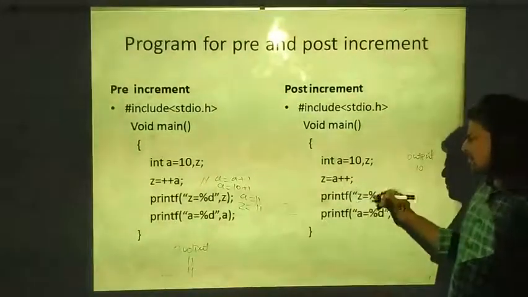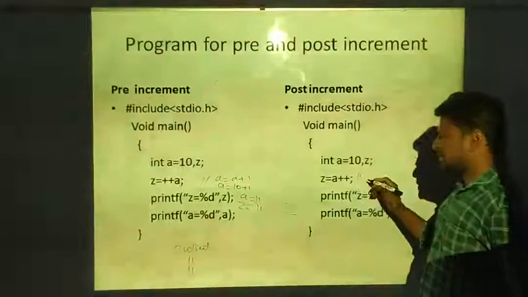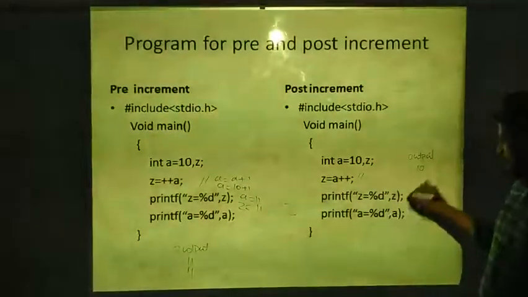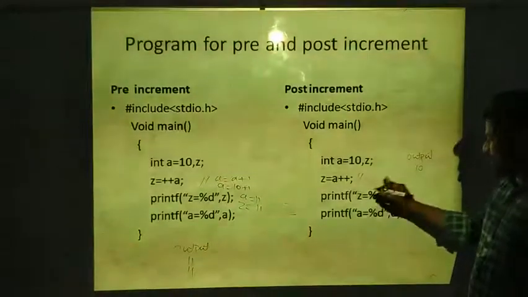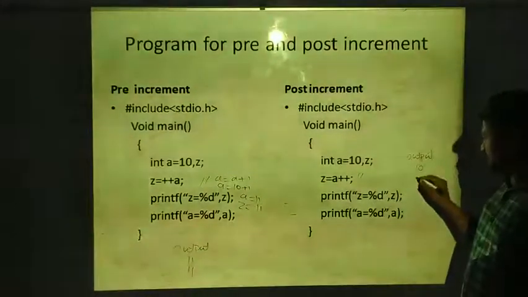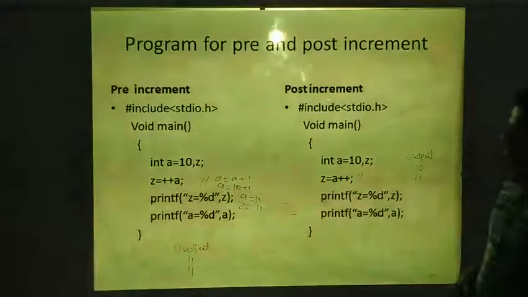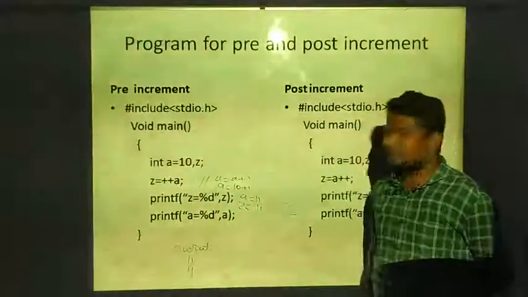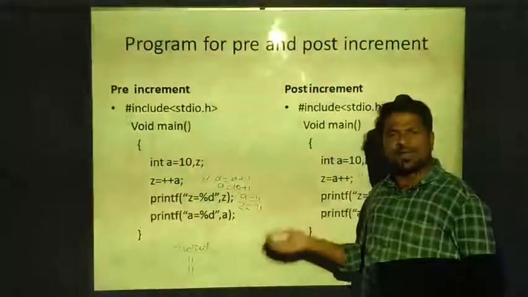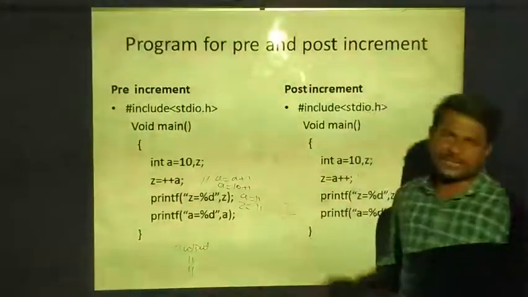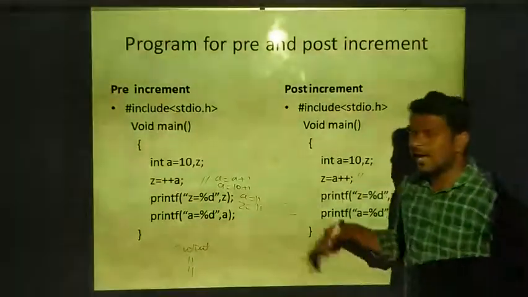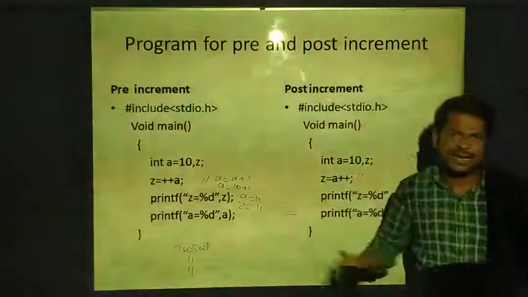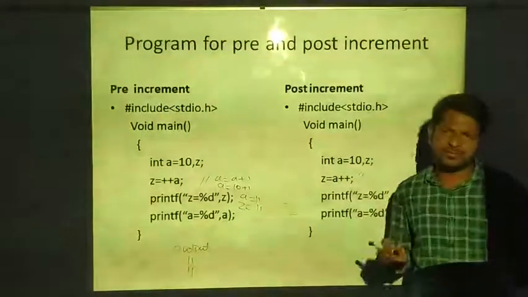So here 10 plus 1, A is equal to A plus 1, and we will get 11 here. Observe the difference. In pre-increment, it first increases the value, then after that it performs the operations. Whereas in post-increment, it performs the operation first, then after that it increments the value by 1.